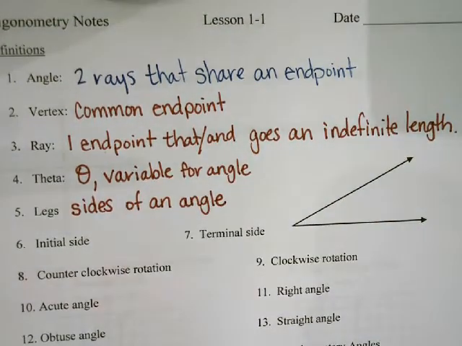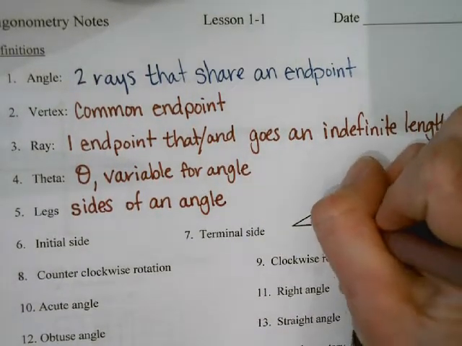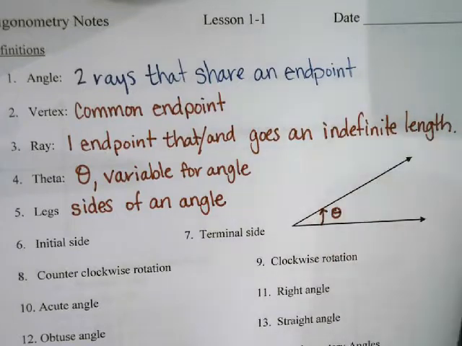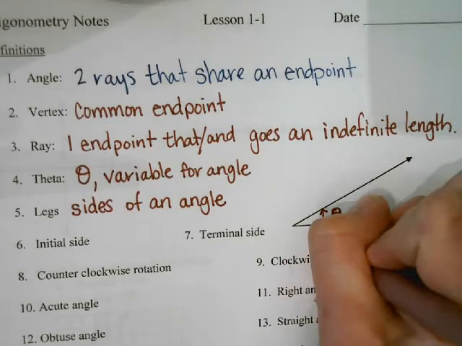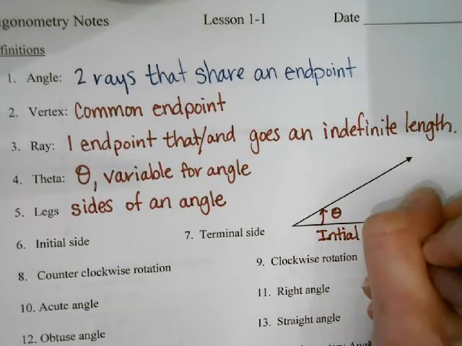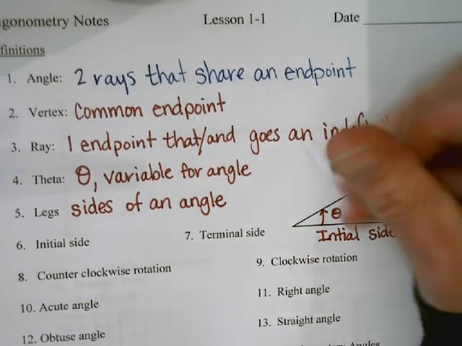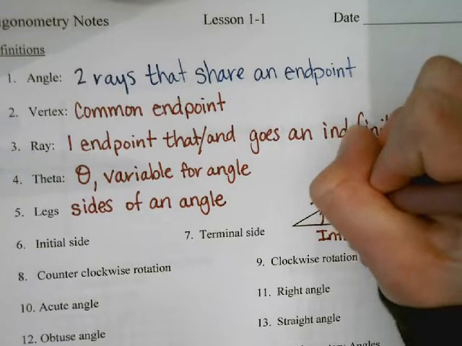All right, number 6 and number 7 here, they go with this picture. So when we're talking about an angle, again, this is theta, the variable for angle. Number 6 says initial side. The initial side is this horizontal, and that's where my angle starts. Then I'm measuring up, so this side right here is my terminal side.